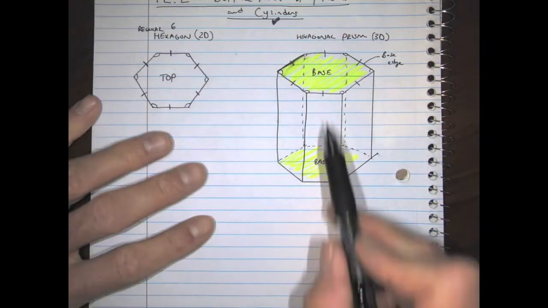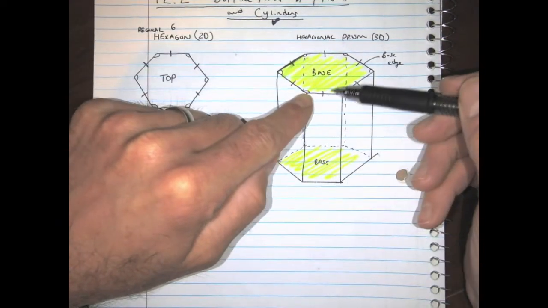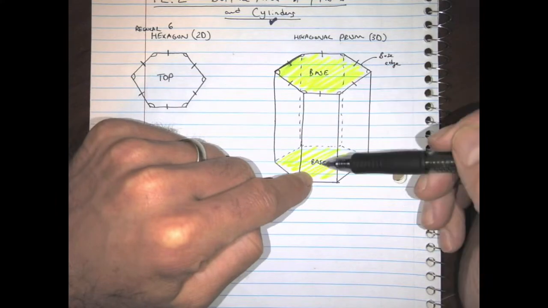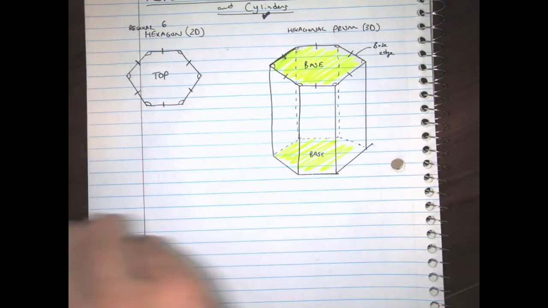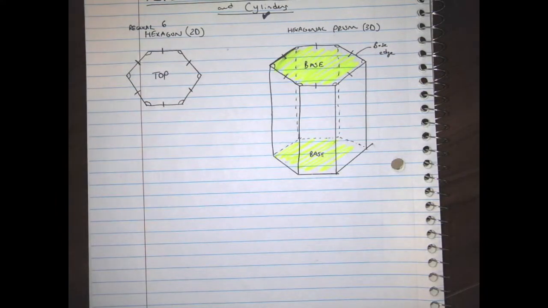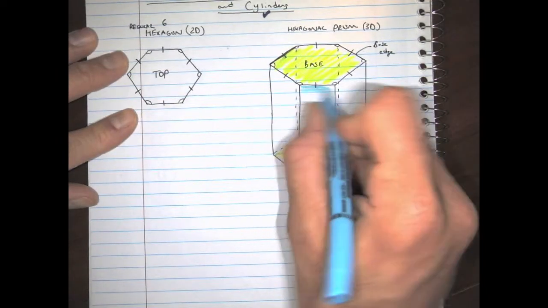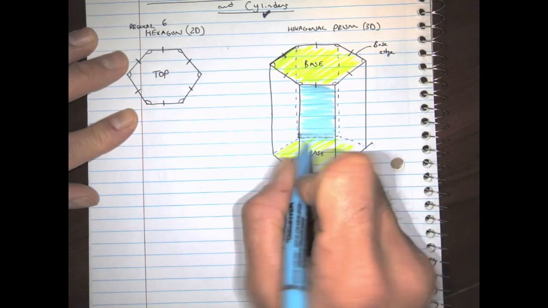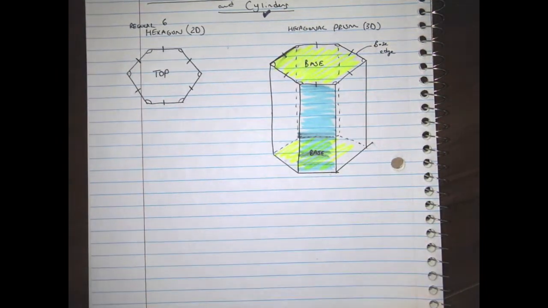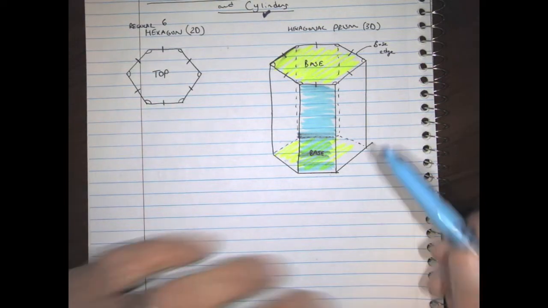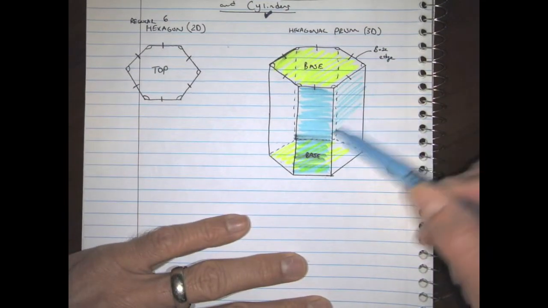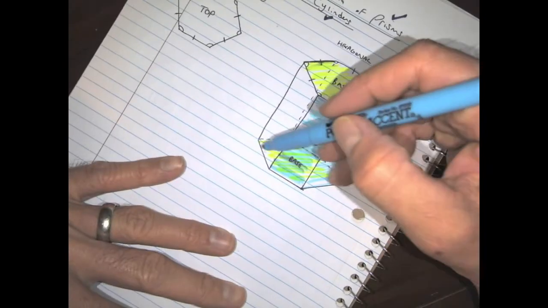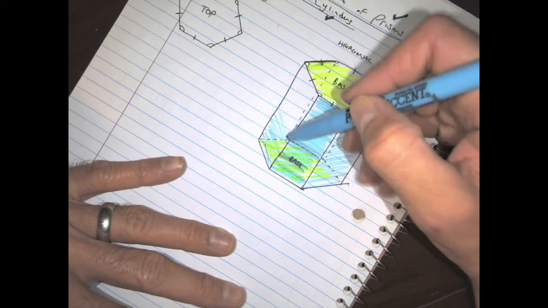Okay. Now, these sides that stretch between base to base, the top base to the bottom base, here, I'm going to highlight one of these. I got a blue highlighter. Let's see if this kind of turns out. I'm highlighting one of these rectangles right here. In fact, you have another rectangle right here. And you have another rectangle right here.